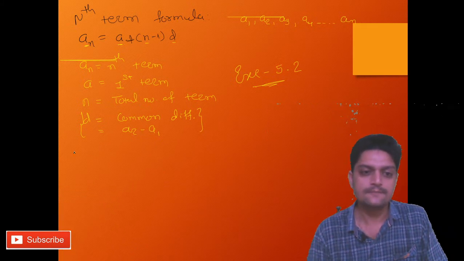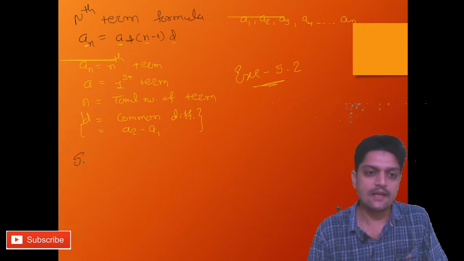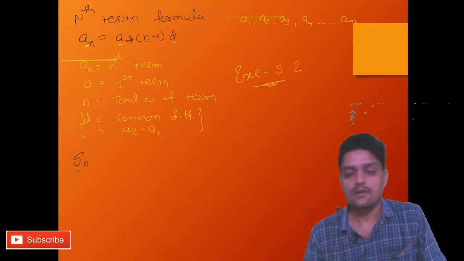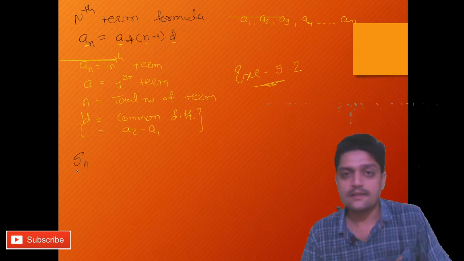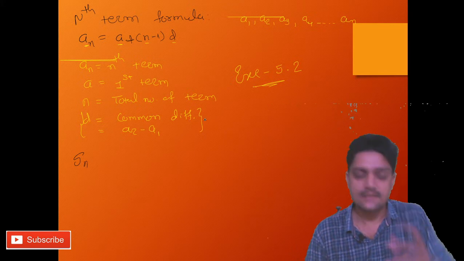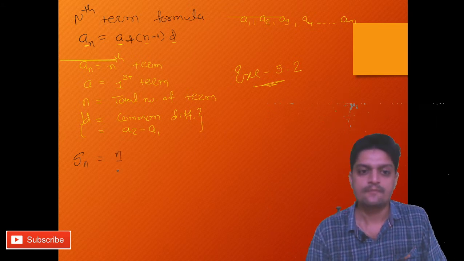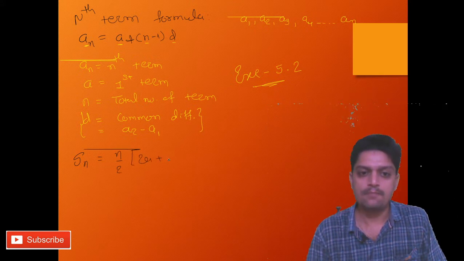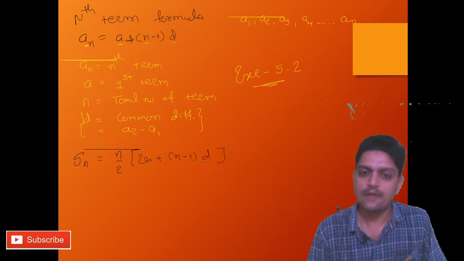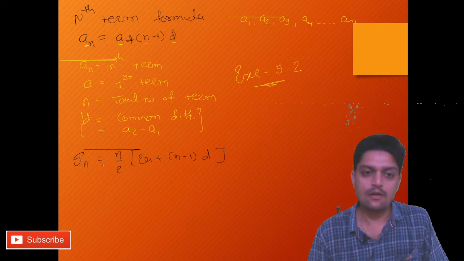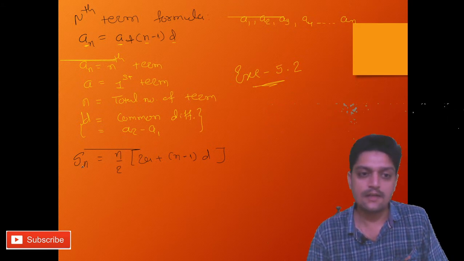That is Sn. See, I would like to go deep in this Sn, because the reason I will give you later. See here, Sn is equal to n by 2 into 2a plus n minus 1 into d. This is the formula where you all know what these things are.